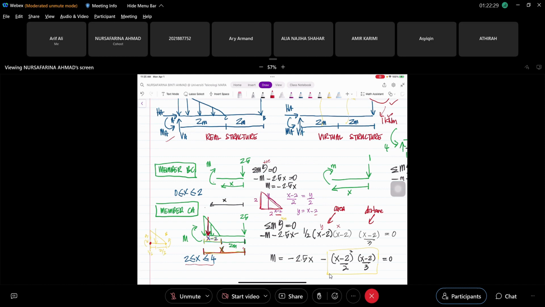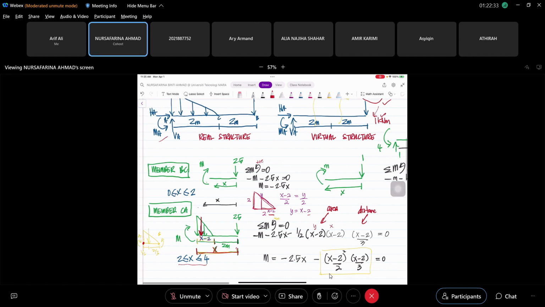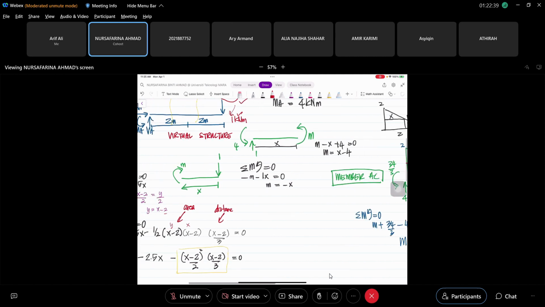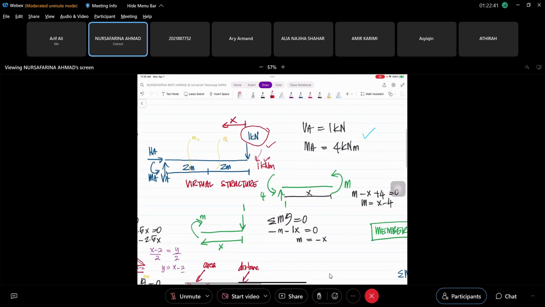Okay, so when you're taking and then you get this part, x minus 2, x minus 2. Okay, dekat sini, for virtual, you akan ada satu saja, m minus x. Tapi, since you cut 2, so maknanya semua dekat 2 section tu, everything is x minus m.